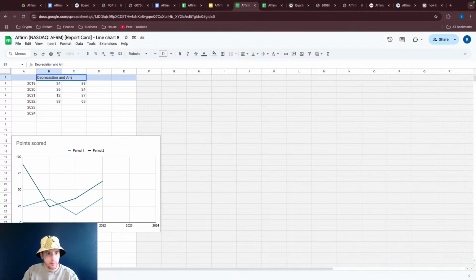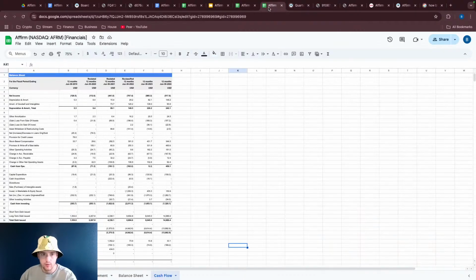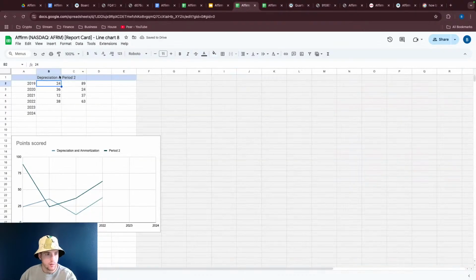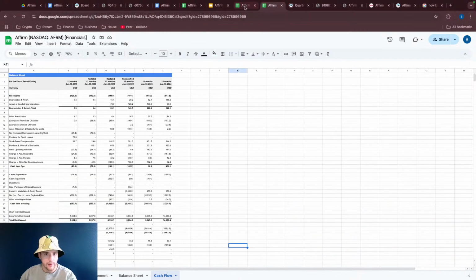Depreciation and so 1M, 2Ms, it's 1M. Cash from ops.